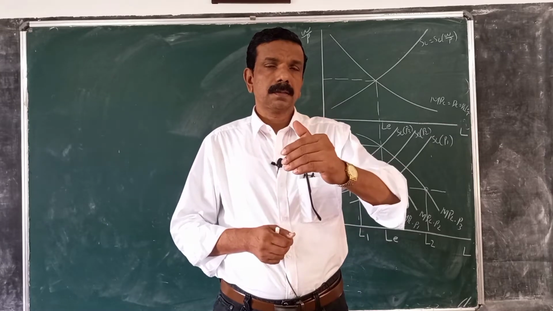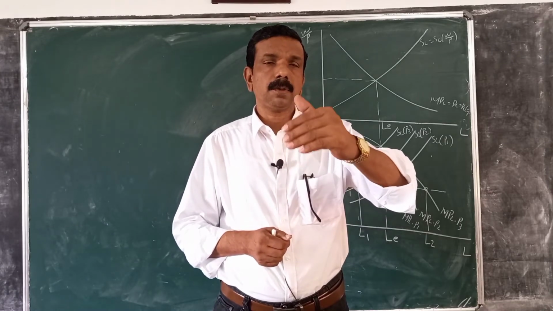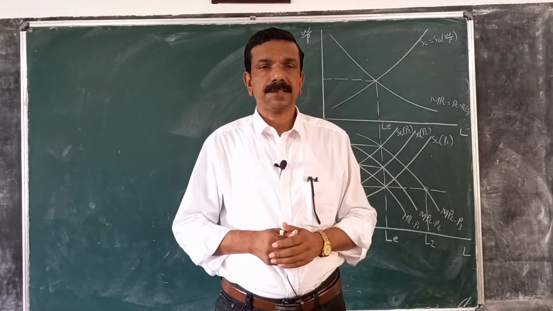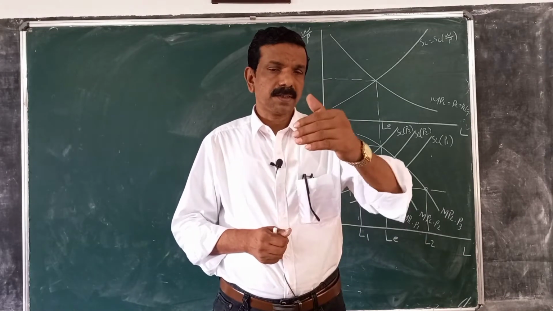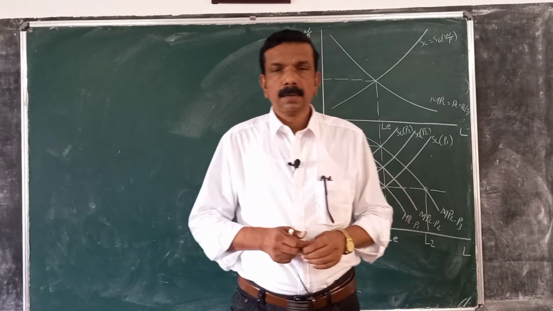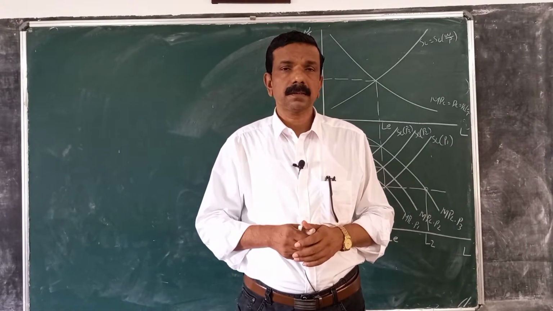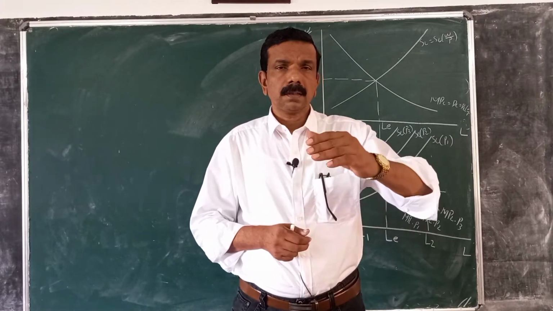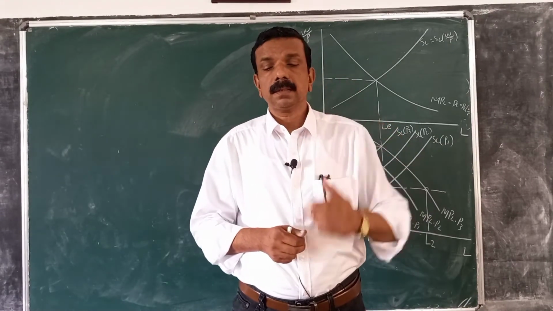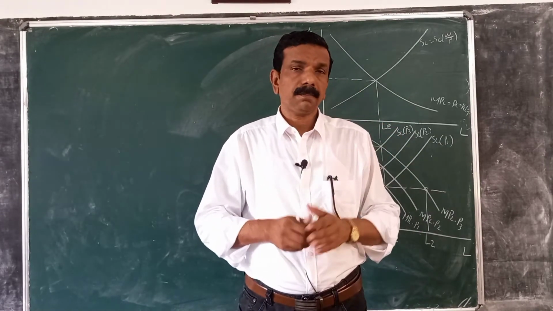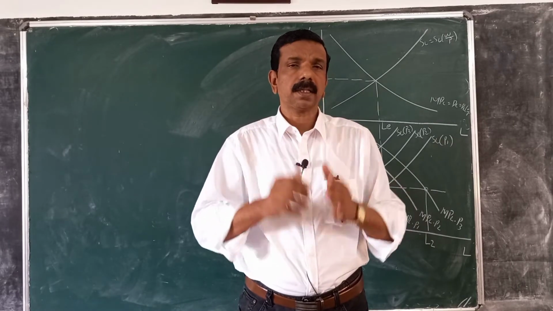Having discussed the classical theory of employment and output determination in the previous class, we now discuss the factors which are the ultimate determinants of employment and output in the classical model.